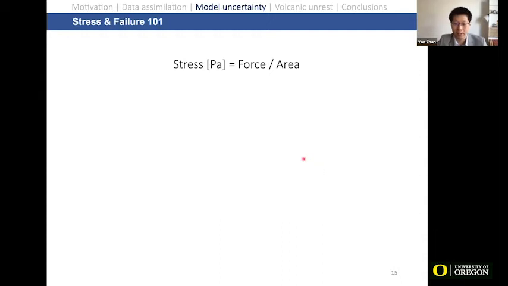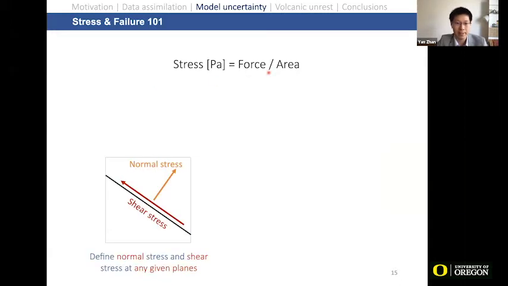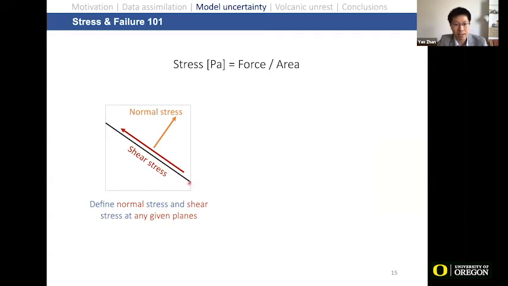Before going to that, I will give a brief introduction of how we calculate the stress and the failing, if you are not very familiar with that. Stress can be defined as force divided by area. In a material, if you pick a plane, you can always find a normal stress, which is perpendicular to that plane, and a shear stress, which is parallel to that plane.